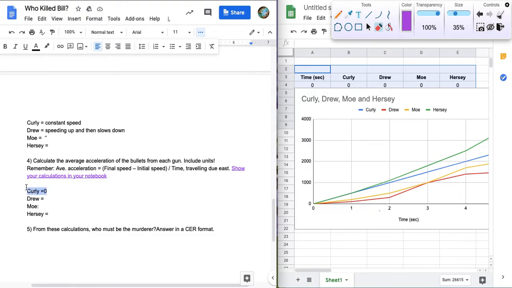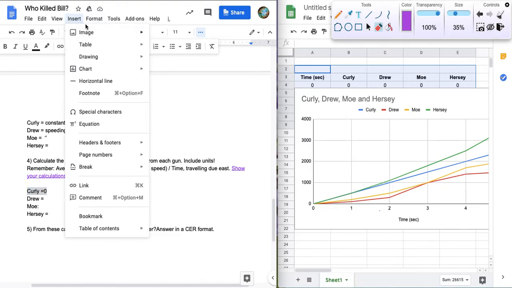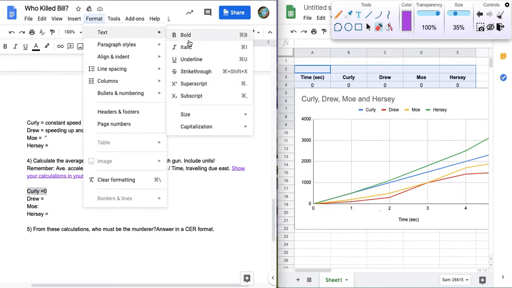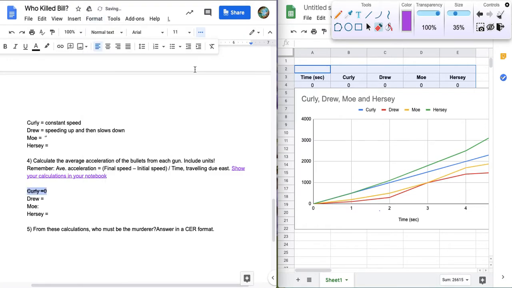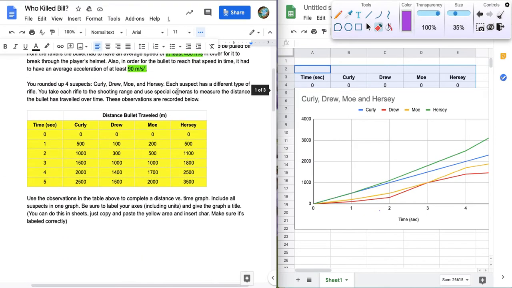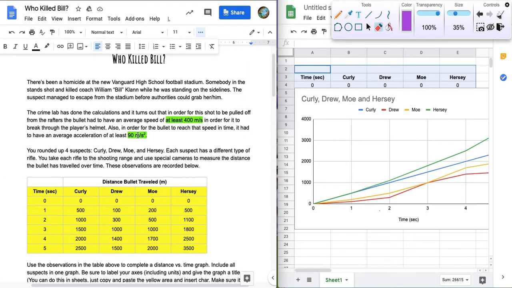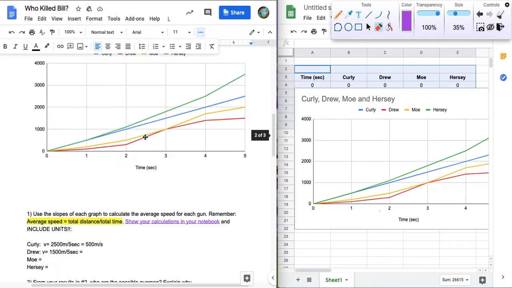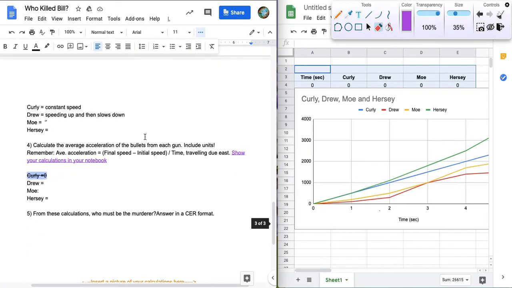And automatically, that's a hint for you, we should say that this eliminates Curly as our suspect, because it says that the minimum acceleration has to be 90 meters per second squared. So Curly is eliminated from the list. Now with Drew, let's just follow what we have here.